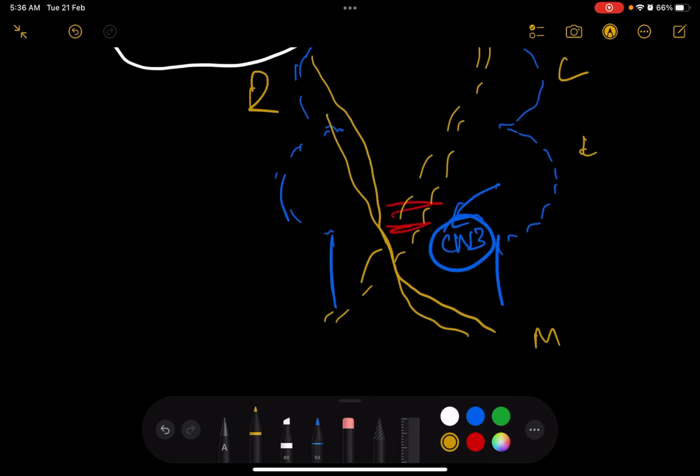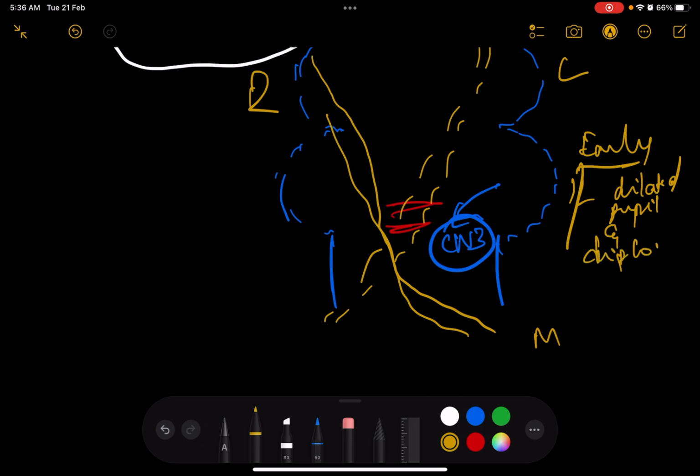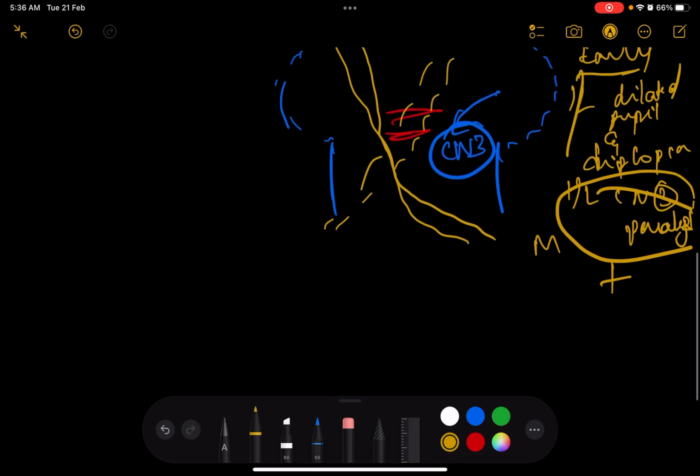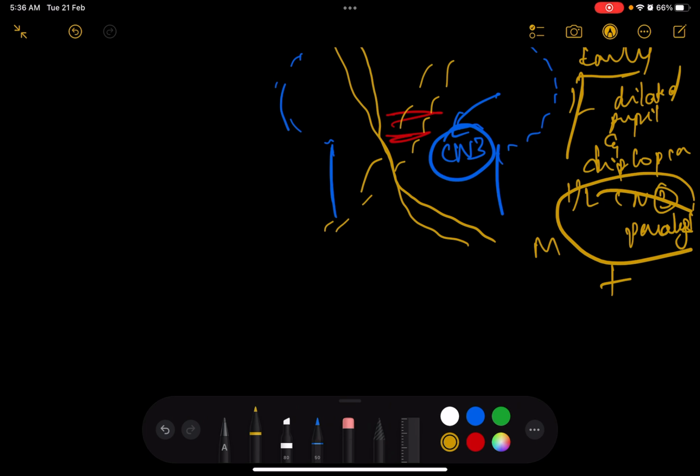So in the early stages, it's going to cause ipsilateral dilated pupil and diplopia, or ipsilateral cranial nerve 3 paralysis. To make life easier, let's just write it: ipsilateral cranial nerve 3 paralysis.